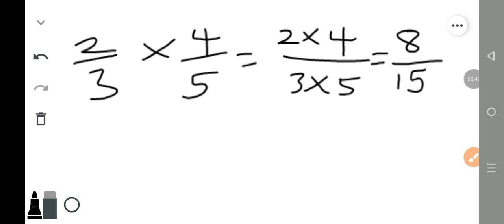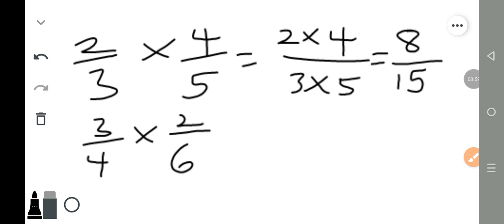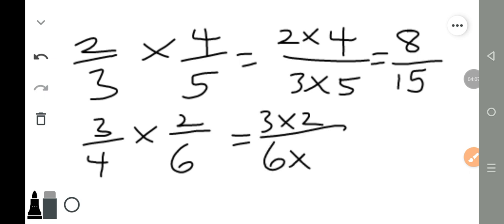That's your final answer. Okay, so another one over here is 3 all over 4 times 2 all over 6. 3 times 2 is what? 6. Our 3 times 2 is equal to 6 all over 6 times 4, which is 24.